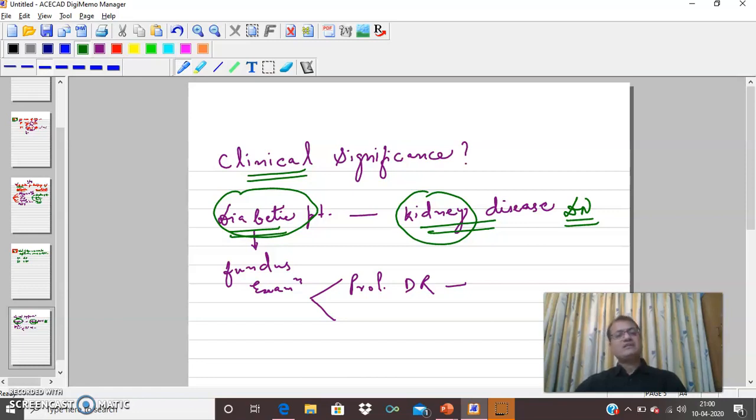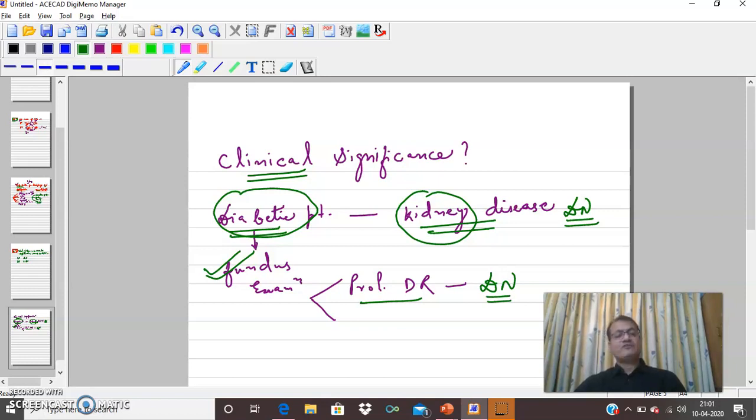So we advise the patient to get his fundus examination done, right? And if on fundus examination the ophthalmologist says that he is having proliferative diabetic retinopathy changes, then you'll say that yes, this patient's kidney disease is diabetic nephropathy only.